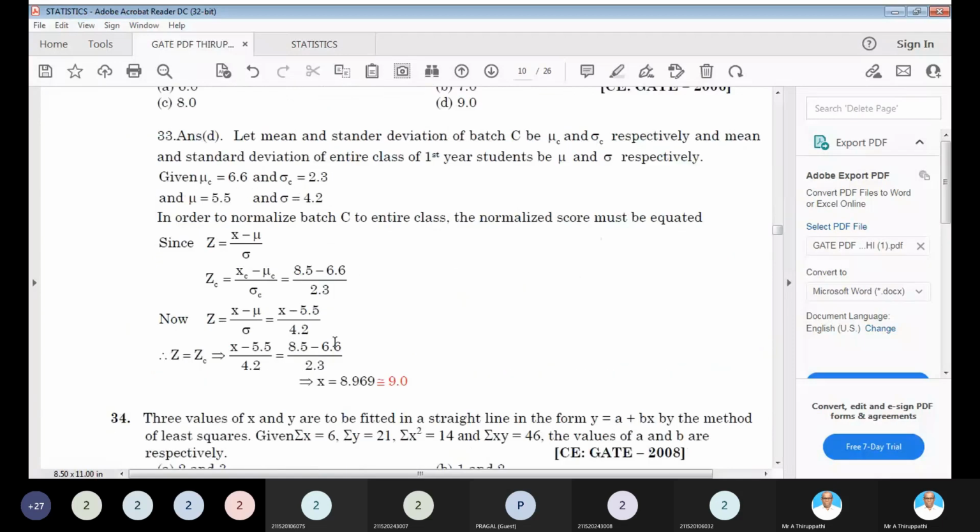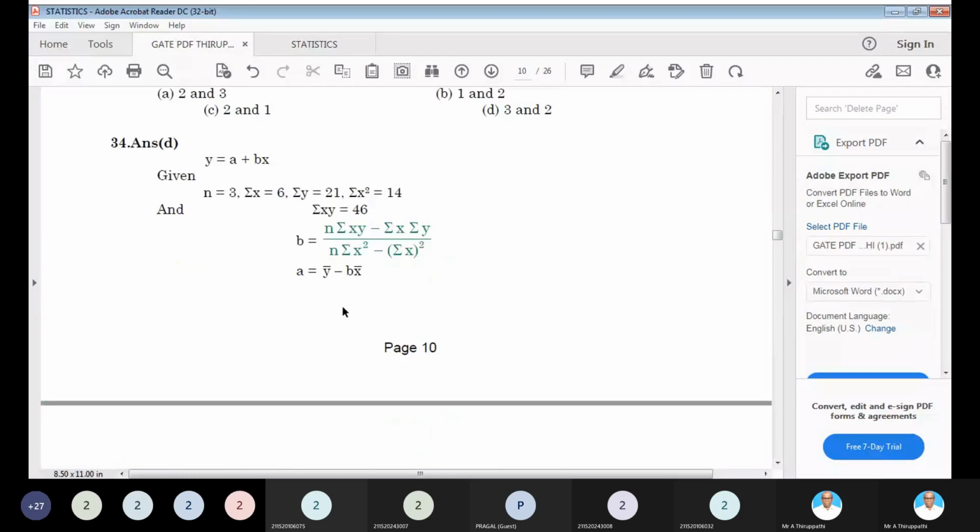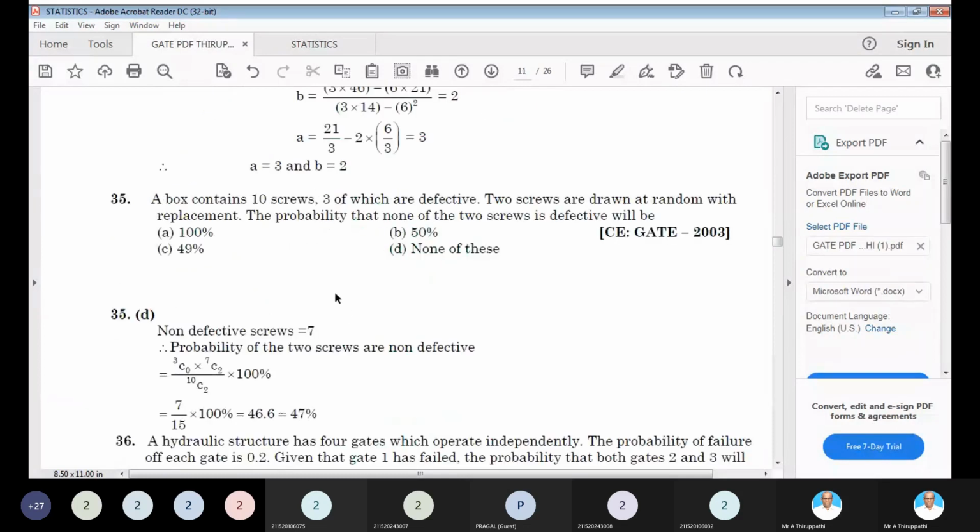And we will discuss combinations next class. Next. A box having 10 screws, 3 of which are defective. Out of 10, 3 are defective. 2 screws are drawn at random without replacement.